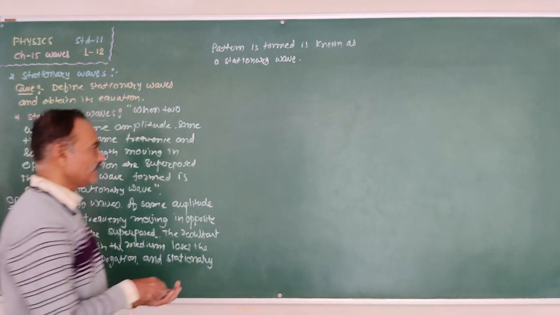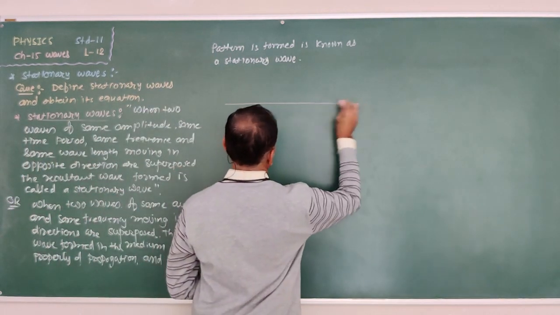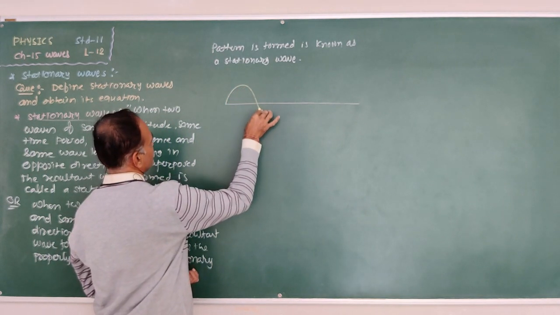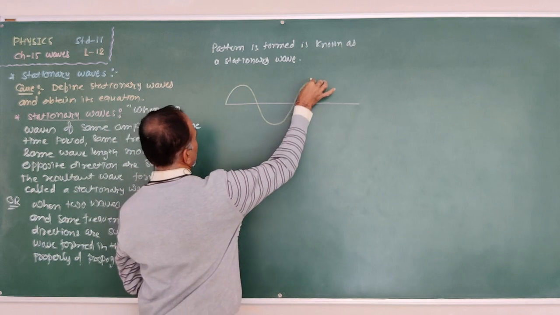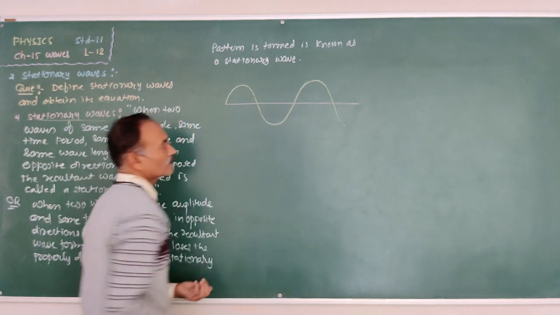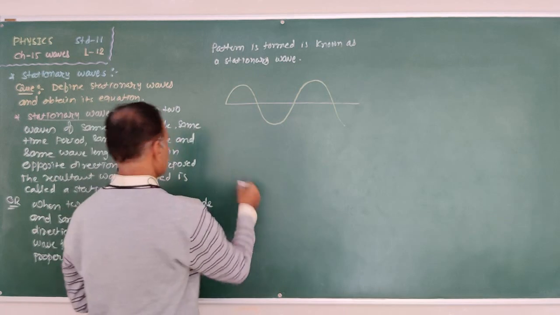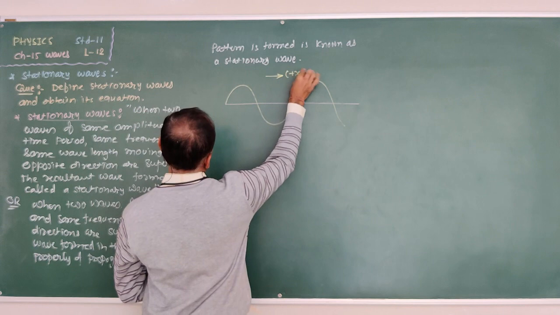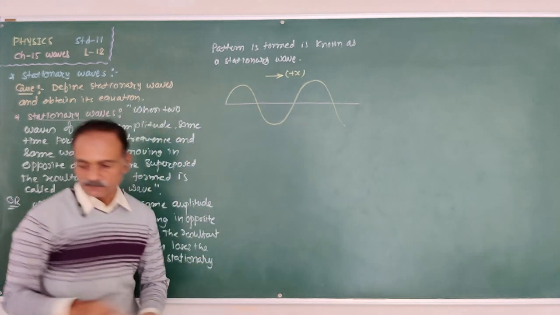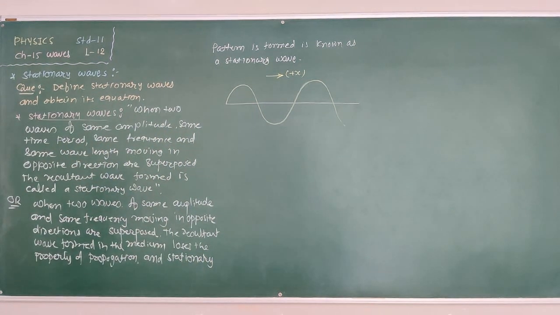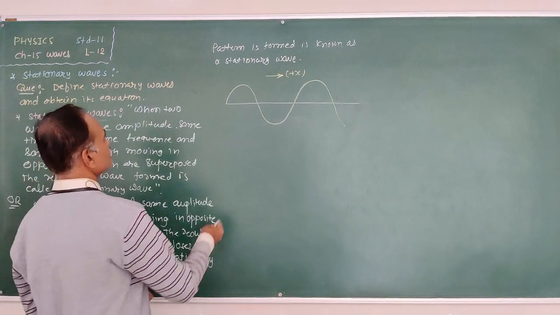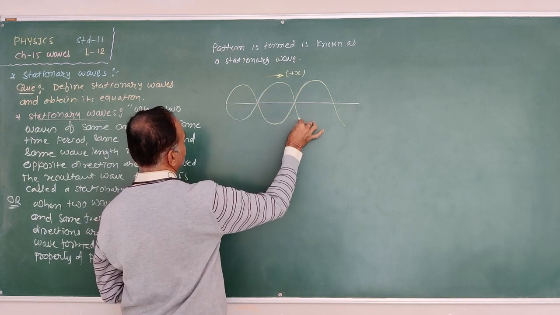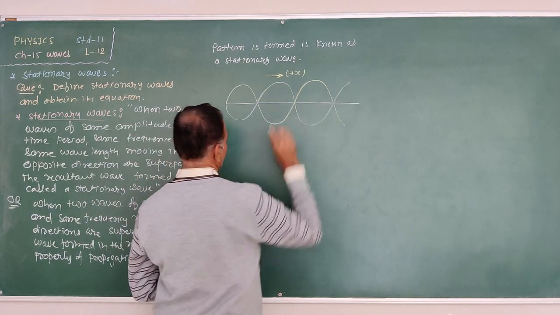In this way, two waves are propagating in the same medium, having the same amplitude. There is one wave, which is propagating in positive x direction. Now the second wave is propagating in negative x direction, having the same amplitude and same frequency, and they are superposed.